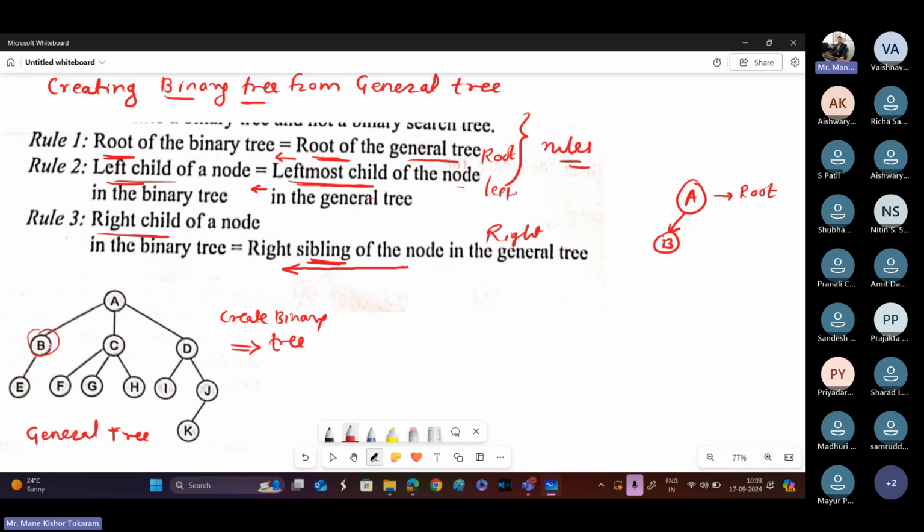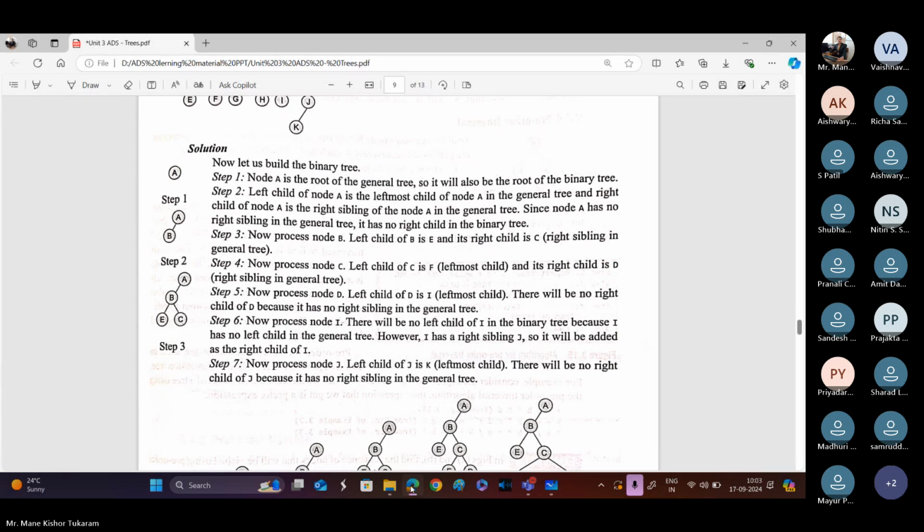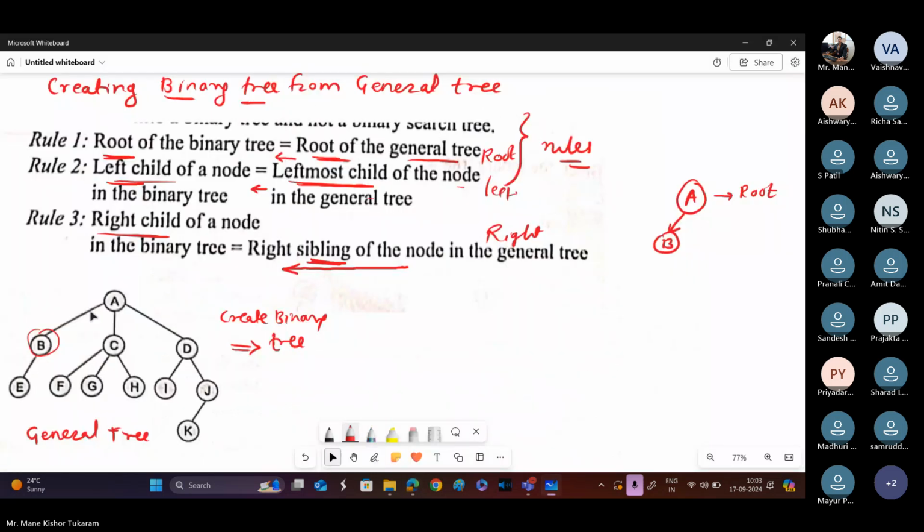So right sibling of this B, okay, so right sibling is not available because inside this particular program there is no right sibling. So here only left side is available. Okay, so this is the particular second stage because right sibling is not available for the root node.